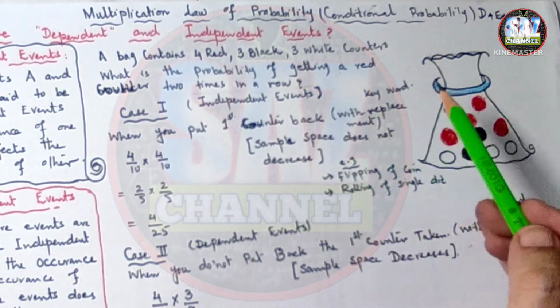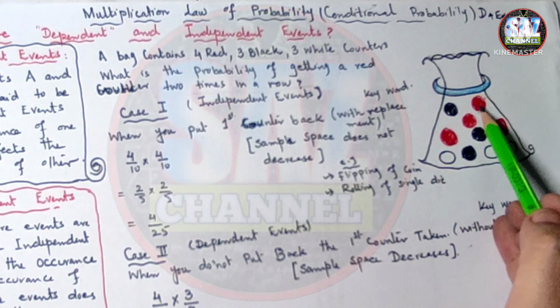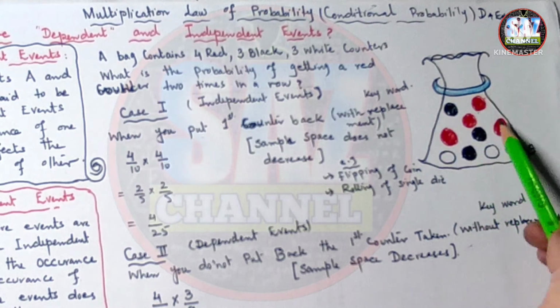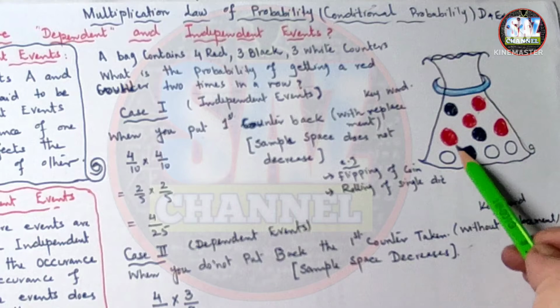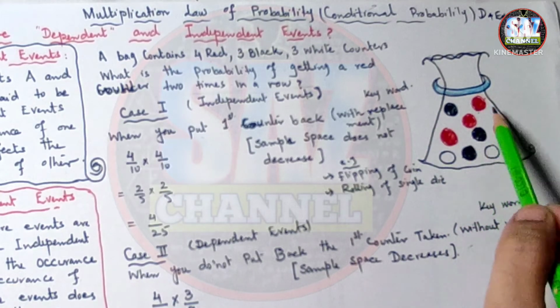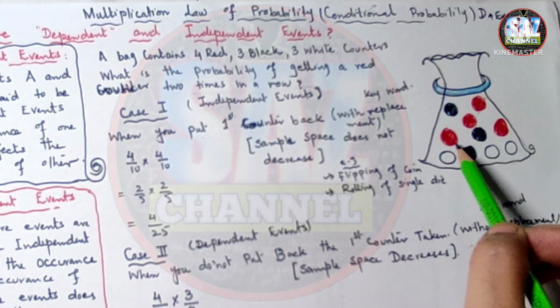In this case, in the beginning the total counters were 10. After recording the chances of the first red counter, we are putting that red counter back. The sample space does not decrease.